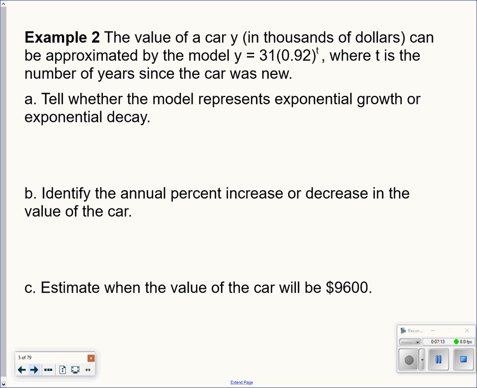The value of y in thousands can be approximated by the model y equals 31.92 times 0.92 to the t, where t is the number of years since the car was new. Tell whether the model represents growth or decay. Because the b value is below 1, this is a decay, so exponential decay. Identify the annual percent rate of the increase or decrease.